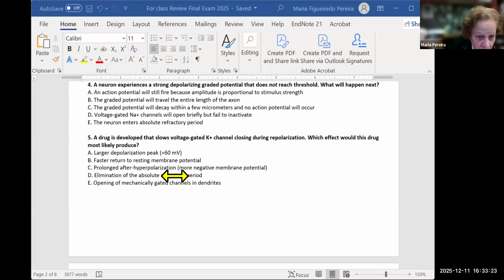Elimination of the absolute refractory period and opening of mechanically gated channels? No. So prolonged after hyperpolarization, because now more and more potassium is leaving the cell, so instead of reaching the resting membrane potential of minus 70 millivolts, it's hyperpolarized and goes to minus 80 millivolts.